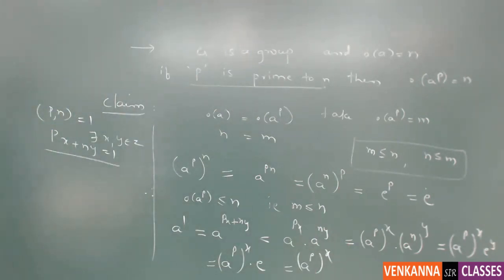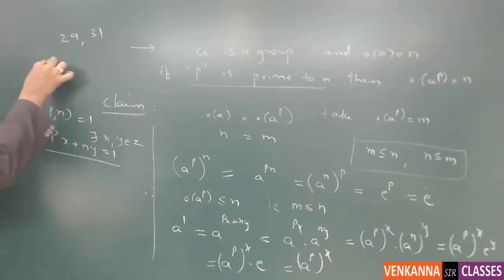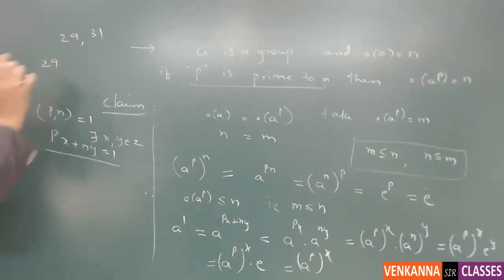Right. So, if you take 29 and 31, so what are the integers? I can say that px plus ny is equal to 1. So, in that first place, you can say that 29 and 31, you consider the multiples of them so that you will get a difference between them as 1.